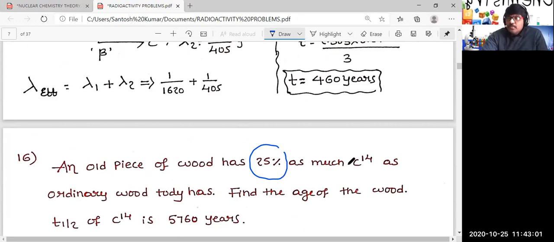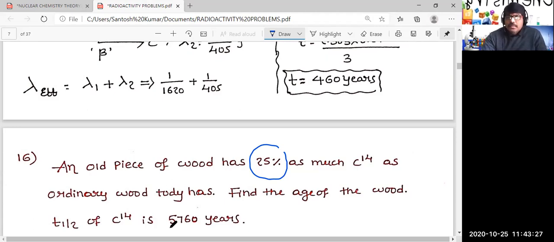He's talking about C14 mass, 25% as much C14 as ordinary wood today has. Ordinary wood, right? And find the age of that old piece of wood. And he's also saying T half of C14 is 5760 years. It's a very simple question.